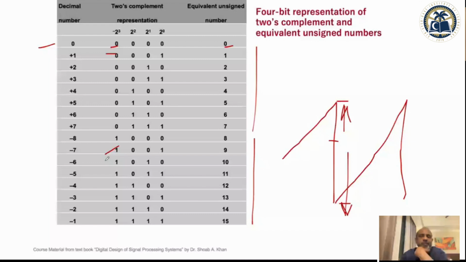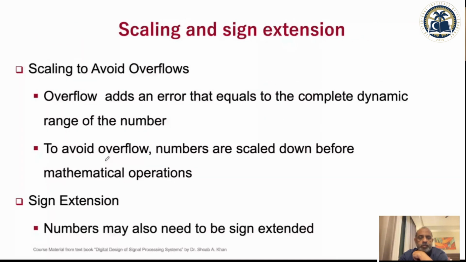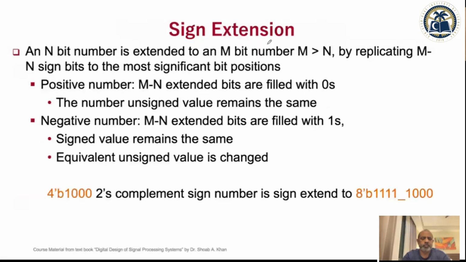So with 2's complement arithmetic, you always need to worry about avoiding overflow, scaling and sign extension, changing a 4-bit number into an 8-bit number if you're worried about overflows. Sign extension is like if you have a 4-bit negative number and you want to make it an 8-bit number because you are worried the results may overflow in your algorithm.